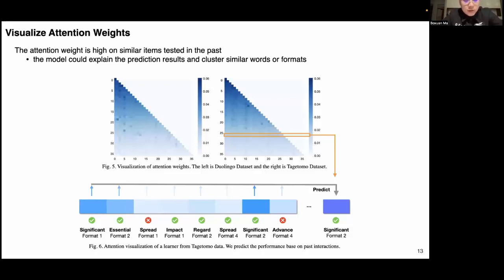This figure shows the attention weight is high on items that have the same words in the past, even in different formats. Also, we find similar words get relatively higher attention weights. This visualization indicates that our model can explain the prediction results and cluster similar words or similar formats.